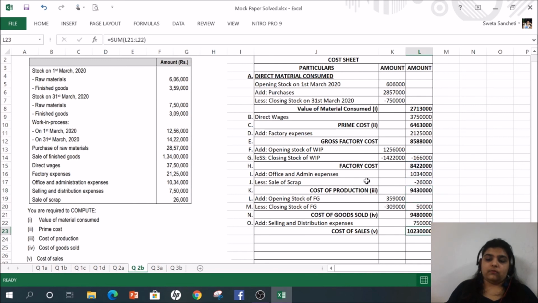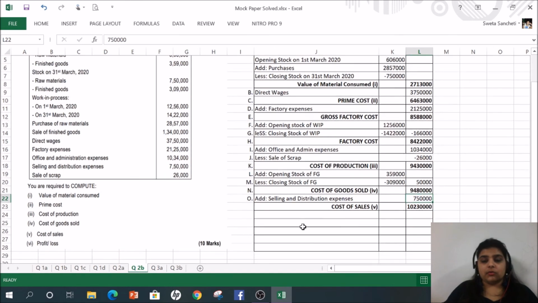So 1,02,30,000 is our cost of sales. Just have a look at all the items. We have covered everything. Purchases, sale, we'll write it at the end, direct wages, factory expenses, office admin, selling, sale of scrap. Everything is written. Now they need the profit that we have earned.